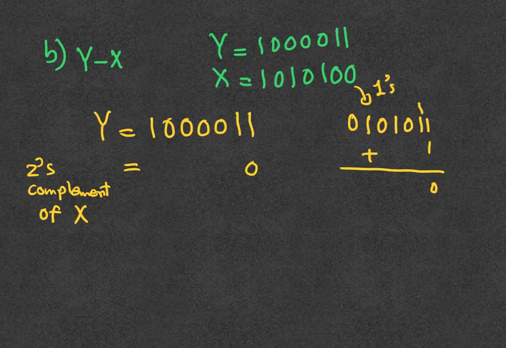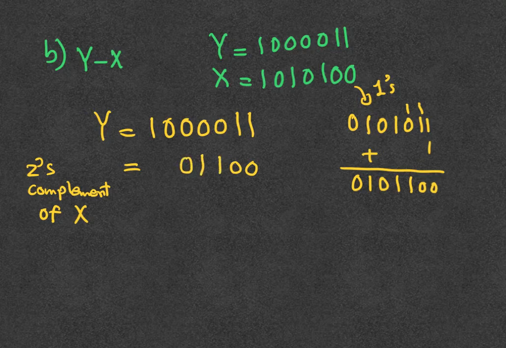So 1 plus 1 again is 2, you get 0, 1 goes there, 1 plus 0, you get 1. So 0 0 1 1 0 1 0.